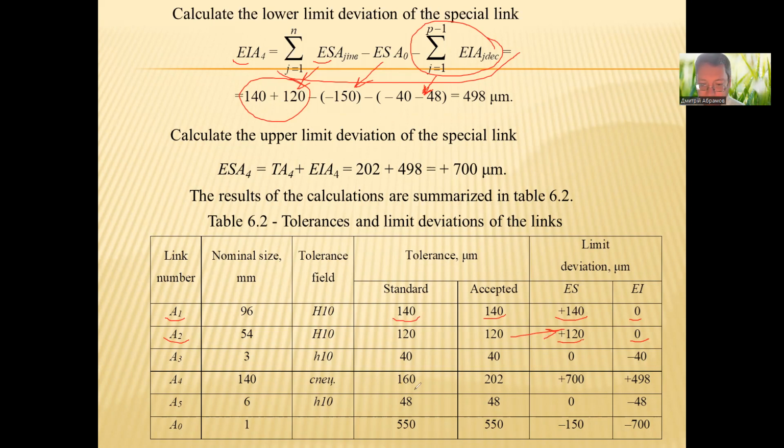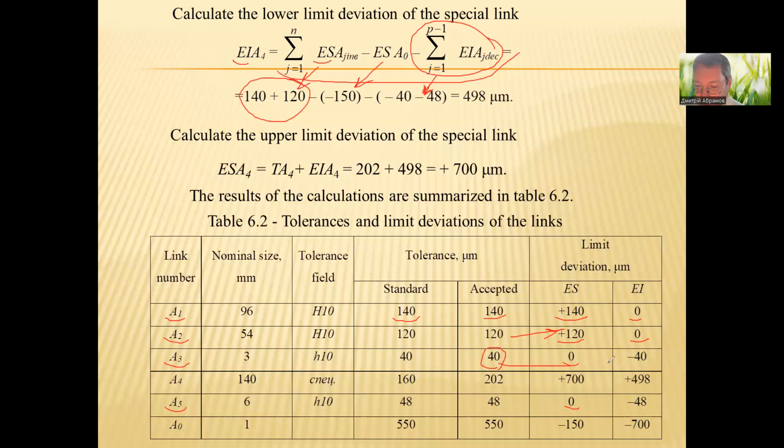For the links A suffix 5 and A suffix 3, we choose upper limit deviation and lower limit deviation like a main shaft. For the main shaft, upper limit deviation will be equal 0, and lower limit deviation will be equal minus tolerance field.